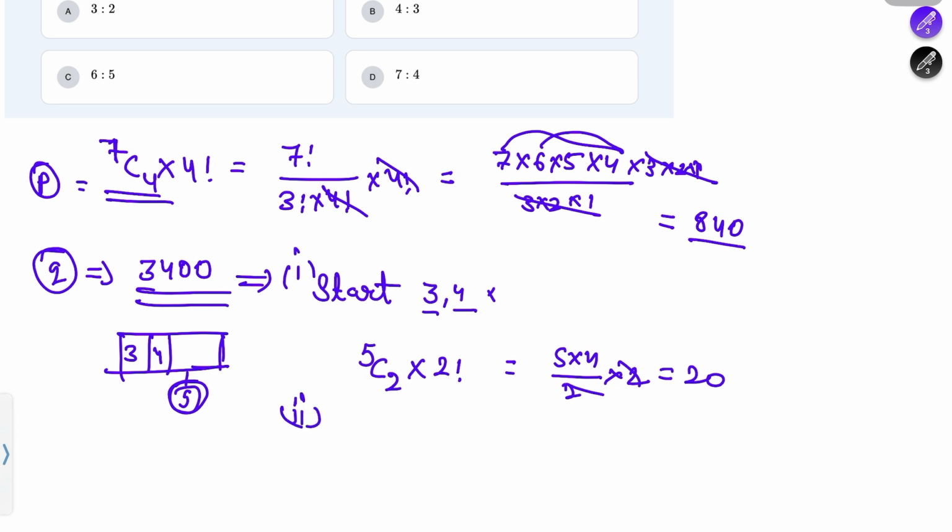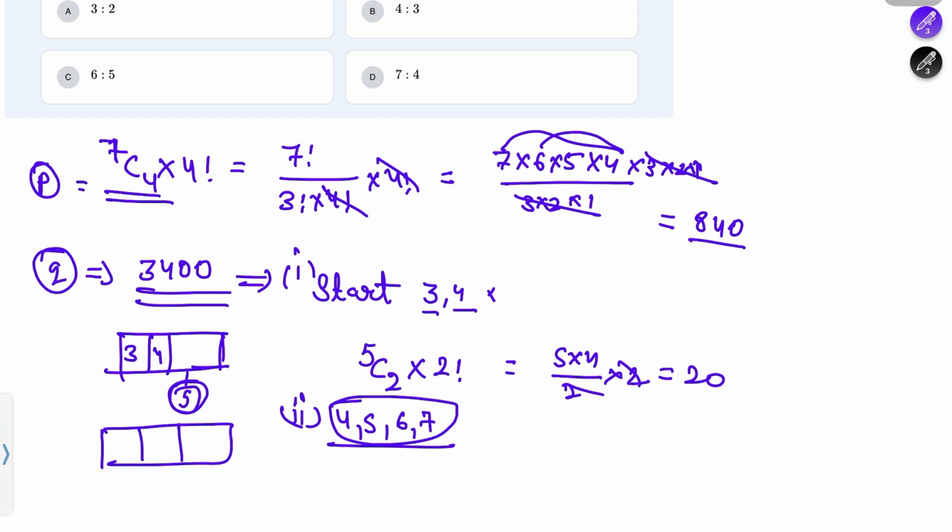Okay, the next category is this one. 3 4 is already used. So next, use more than 3 4, that is 4 5 6 7, use that only. And arrange that: the first digit uses 4, 5, 6 and 7, that is the four digits.